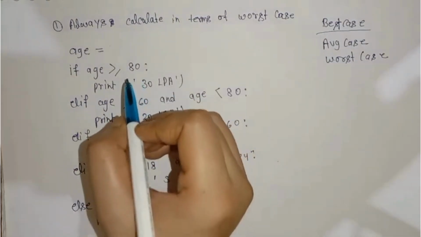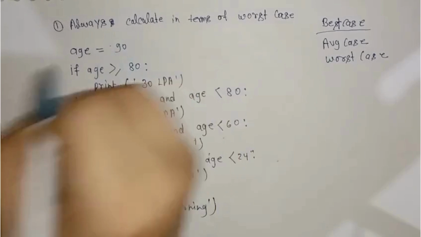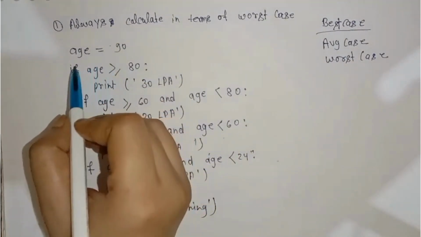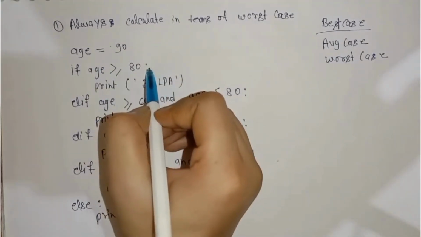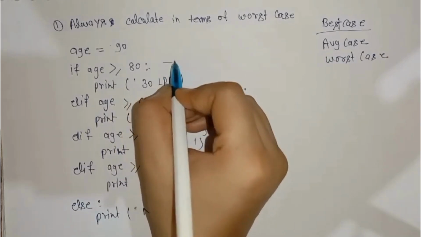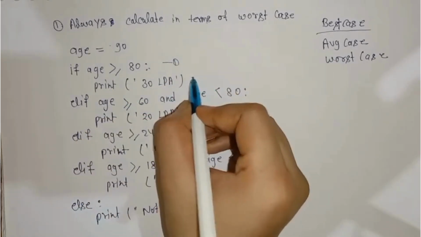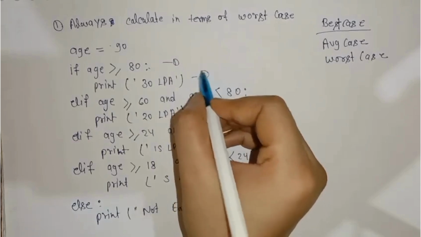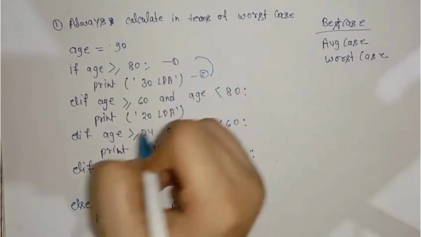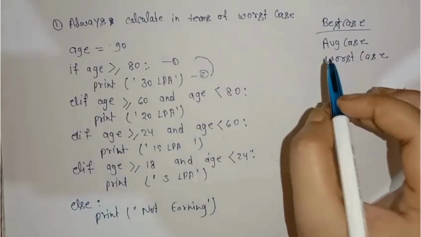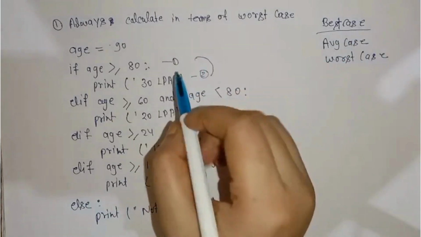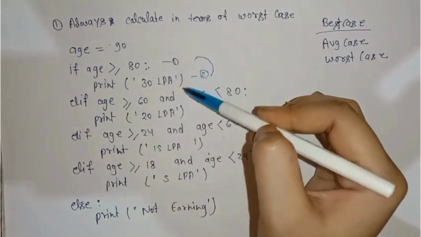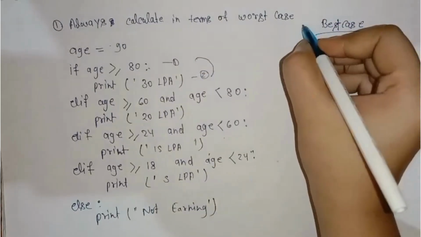Let's assume we take age equals 90. If age is greater than 80, yes, that is one operation, then print 30 LPA is the second operation. So this is our best case, where we work on only 2 operations. So the best case for this code is 2.